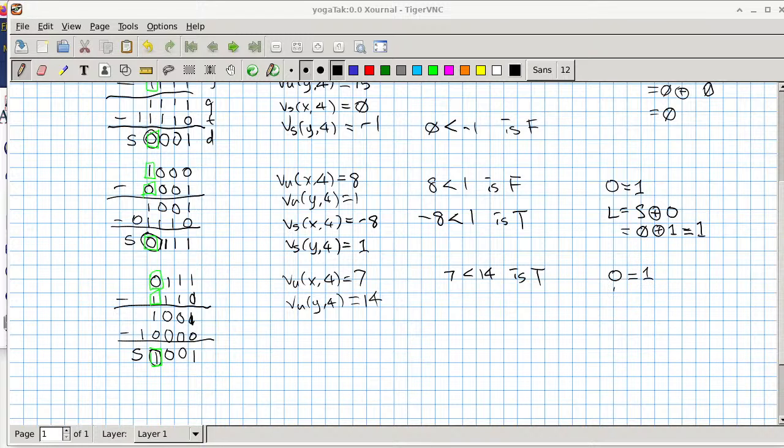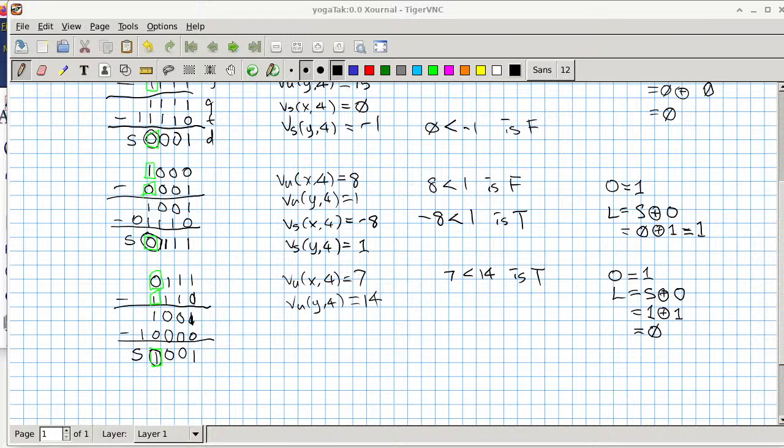So we look at the L flag. The L flag is the sign flag of the difference exclusive OR with the overflow flag. The sign in this case is a 1. The overflow is a 1 as well. 1 exclusive OR with 1 is a 0. So what the L flag is telling me is that the signed interpretation of 0, 1, 1, 1 being less than the signed interpretation of 1, 1, 1, 0 is supposed to be false.